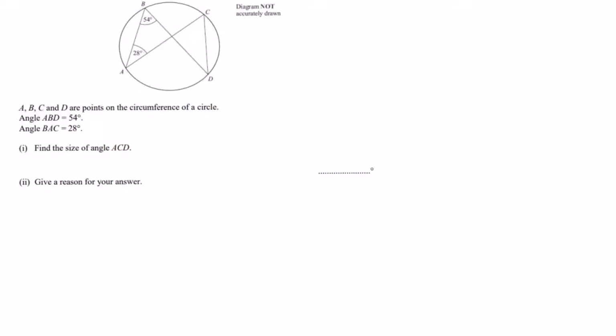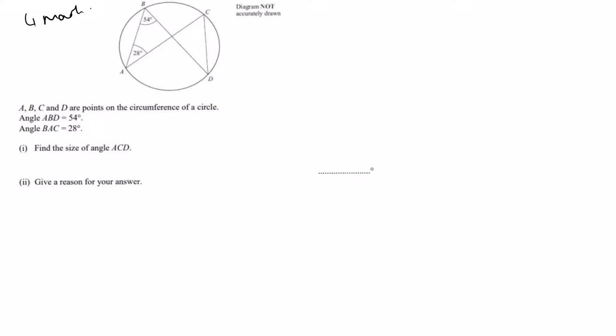So I have taken a standard, I believe this is a 4-mark exam question from, and I think it was an Excel paper as well. Not that that matters, it's on the higher GCSE. So we've got a circle and we've got a load of chords.